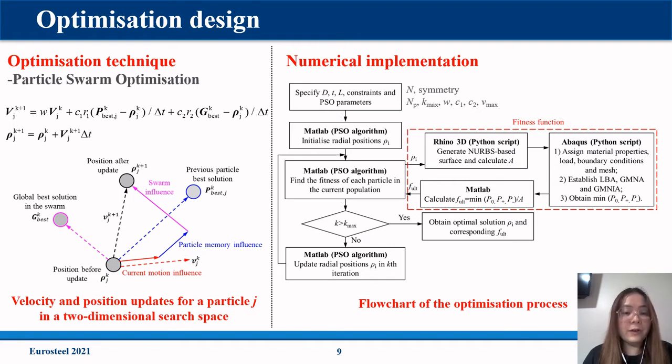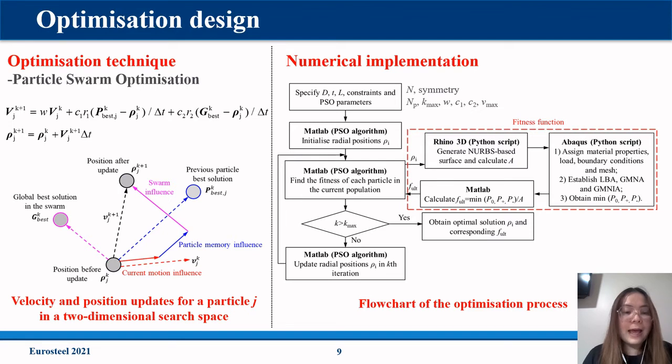Then the current position is updated based on the current velocity and the position in the last step. During the optimization design, a fitness function is used to guide the particles in finding the global optimal solution in the swarm.